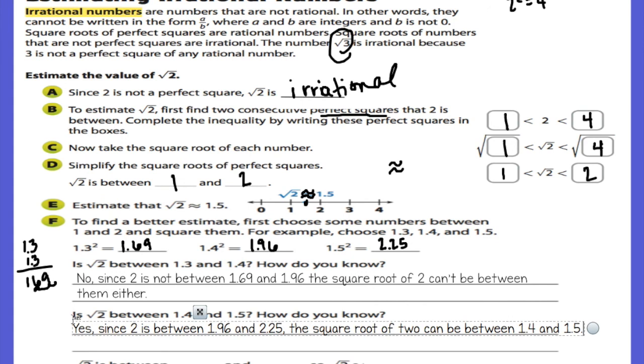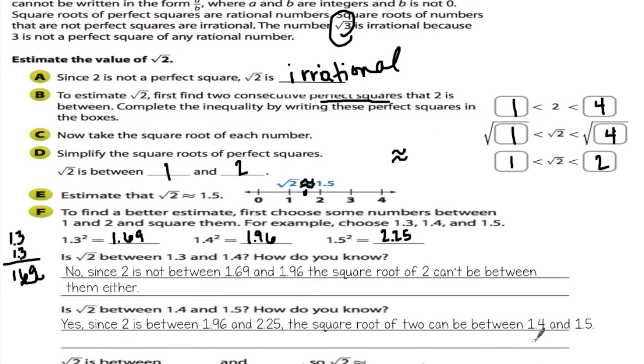So now this tells me that since it's between 1 and 4/10 and 1 and 5/10, I can see that about halfway would be 1 and 45/100. So on a number line, it would be about right here.